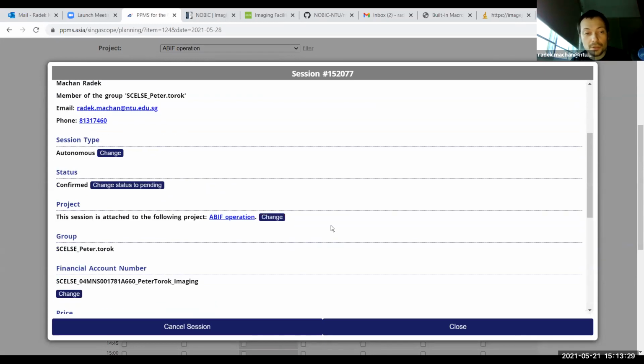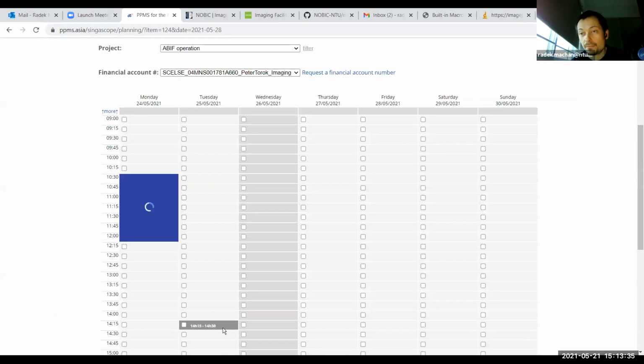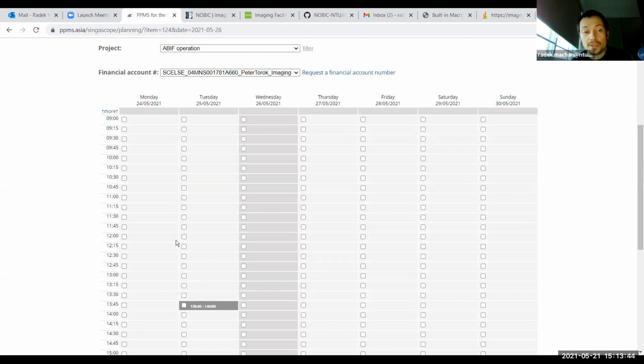For example, change the project, but I can also cancel session, and session is gone. You can cancel it anytime before the start of the session. So if the session was about to start at 10:30 on Monday, anytime before 10:30, so 10:25 on Monday, I can still cancel the session. So in that sense, it's very flexible.